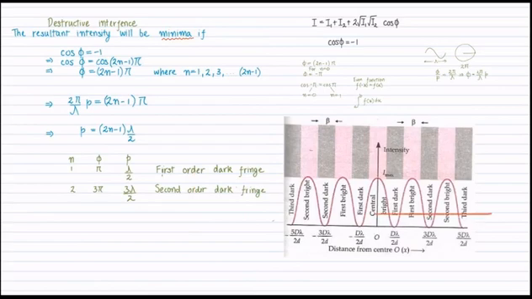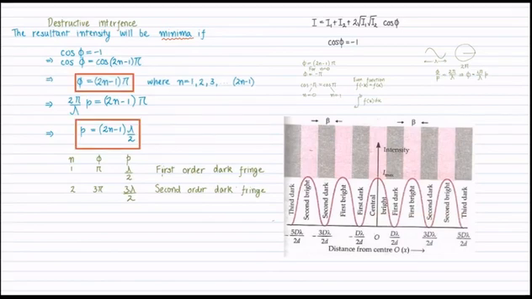Fine. So from your board exams point of view, only these two are important. Okay. And how are you getting this one? So these two equations are known as your conditions for destructive interference.